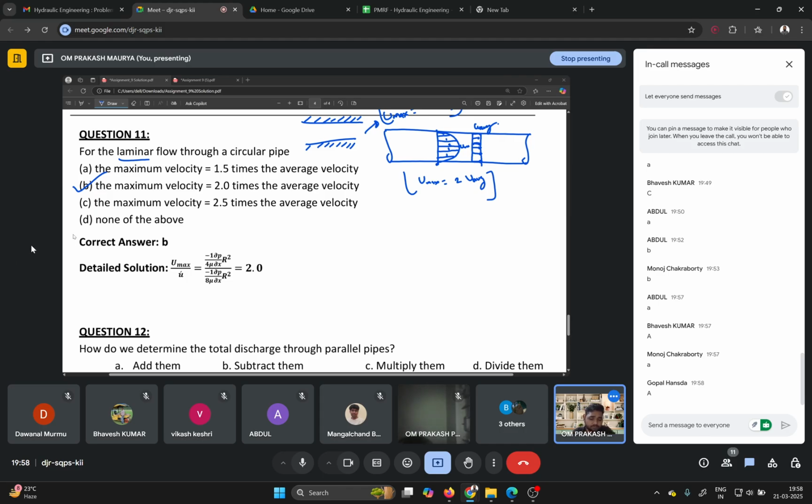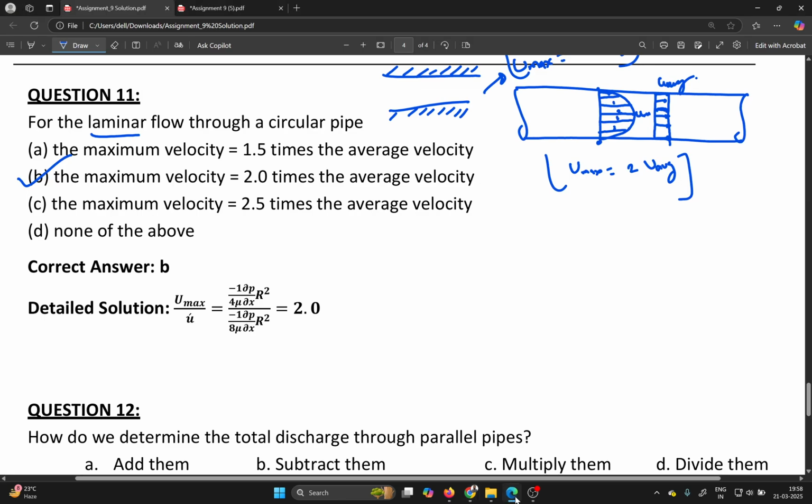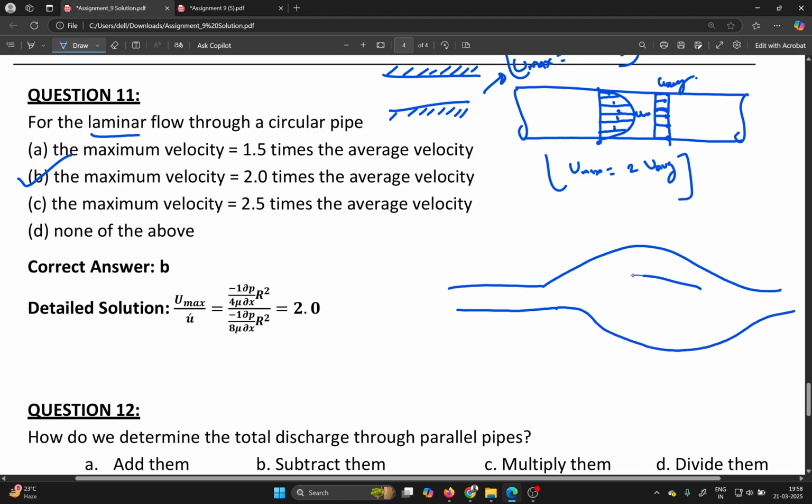Good. So here, as you know, we are talking about the parallel pipelines. If the water is flowing like that, your pipe is divided into two pipes, that is pipe 1 and pipe 2.